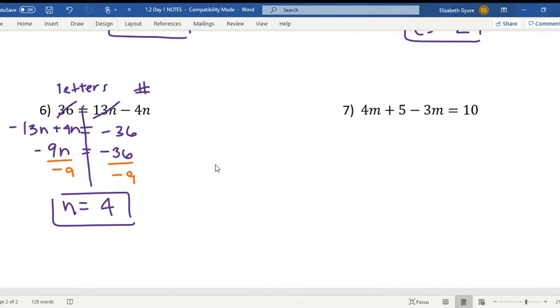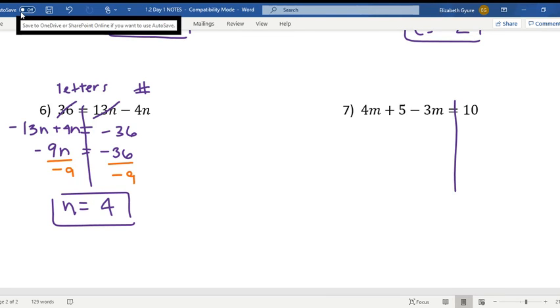Number 7. Let's get our 2 columns. Good, Kason. All right. So let's decide who's going to move, who's going to stay. Annalise, 4M, is that going to stay, or do we need to move it over? Letters are going to stay. Good. 4M is a letter.